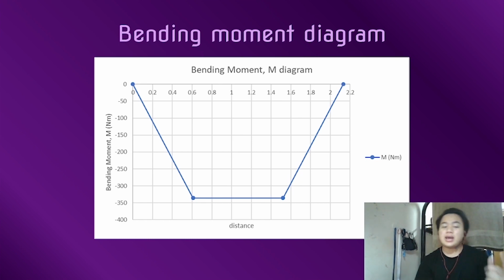So we can see that at M2, M3, M4 and M5, the bending moment is negative 335.5, whereby the M1 point and the M6 point are 0.